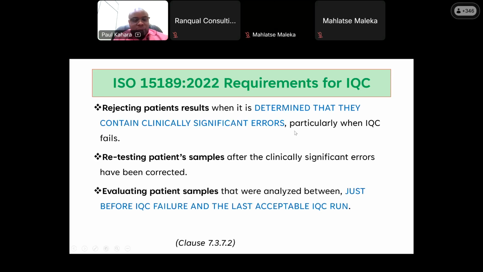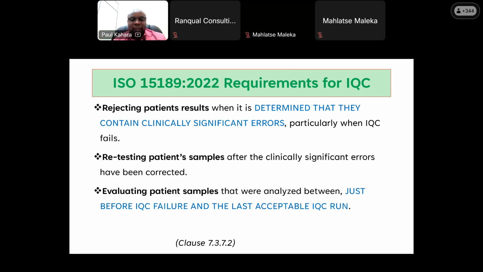Another requirement is that patient samples should be rejected when it is determined that they contain clinically significant errors, and particularly when IQC fails. And this is what we are going to be talking about in a few minutes from now.